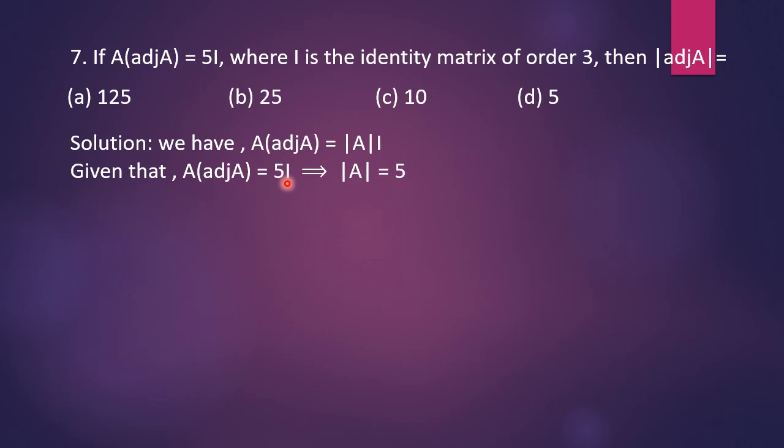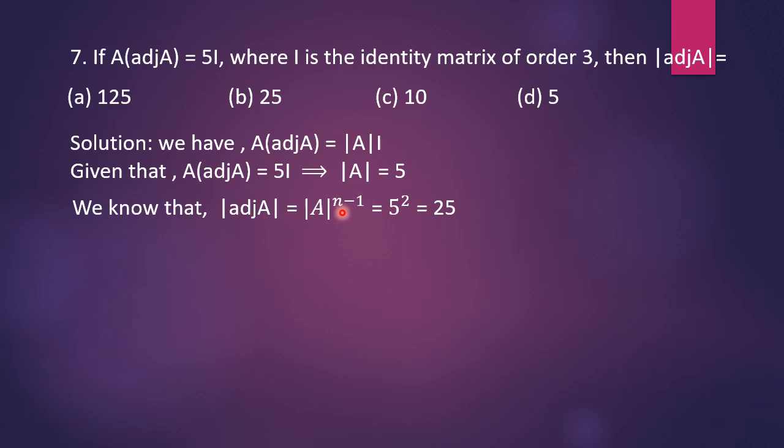So using that, determinant of A is nothing but 5 here. So if I compare these two, you will get determinant A is equal to 5. So we use this formula now. Determinant of adjoint A is determinant A power n minus 1.